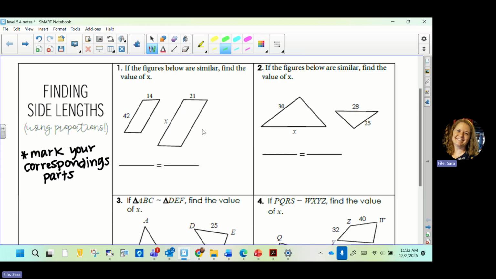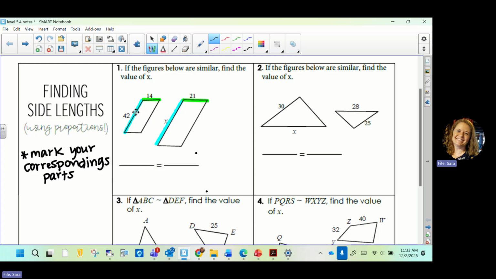Okay, so that means the sides that correspond are easy to see when they're drawn on the same orientation. The top corresponds to the top. The left corresponds to the left. So we mark somehow which ones correspond to each other. Okay, I'm doing highlighting. If you don't have a highlighter or colored pens or something, you could put little shapes on them.